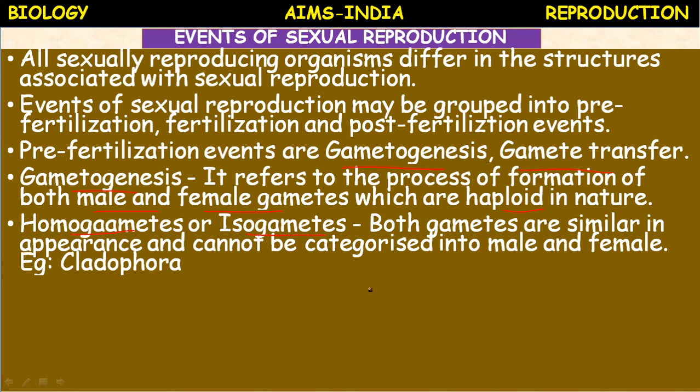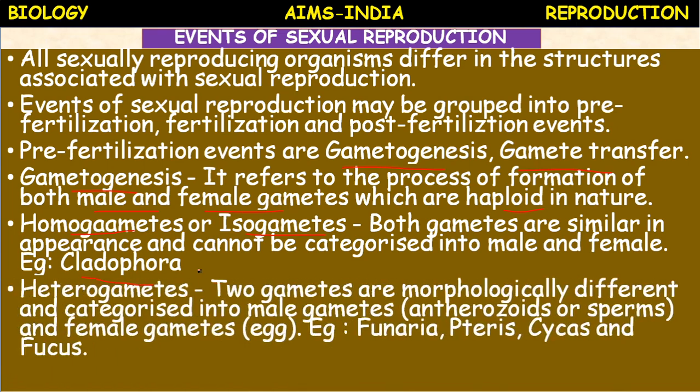Okay, what are homogametes or isogametes? If both the gametes are similar in appearance and cannot be differentiated into male and female, it is called homogametes or isogametes. Example, in Cladophora, this kind of homogametes are produced.